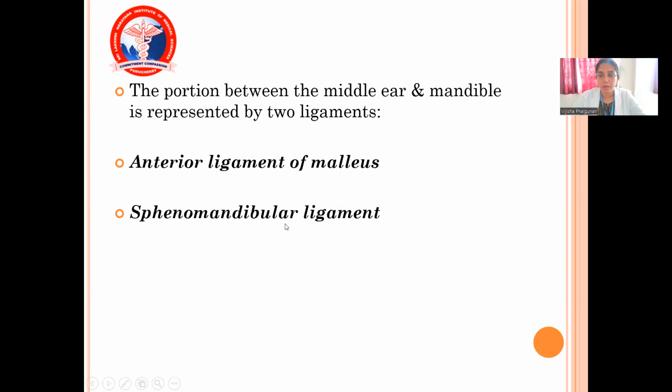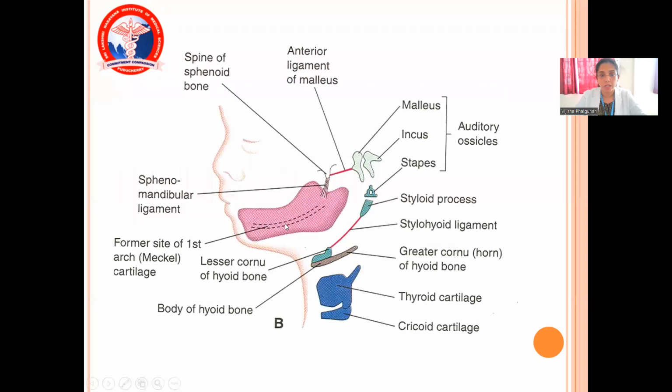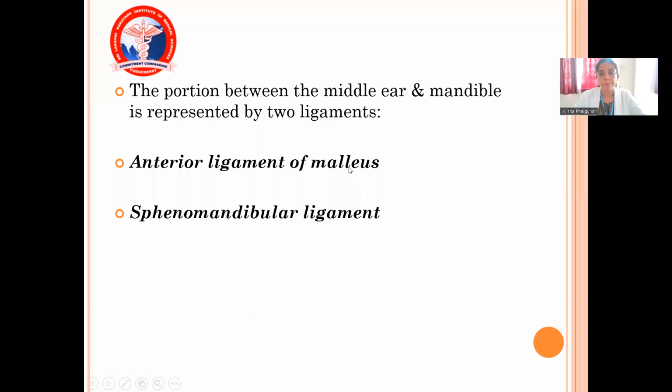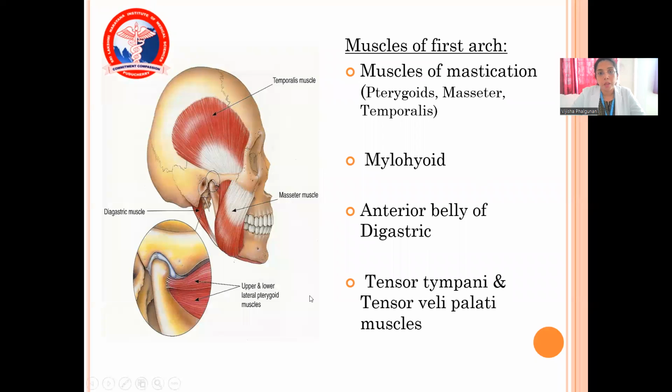In the previous picture, this is the anterior ligament of malleus, and this is the sphenomandibular ligament connecting the middle ear with the mandible. So these 2 ligaments are also derived from your first pharyngeal arch.